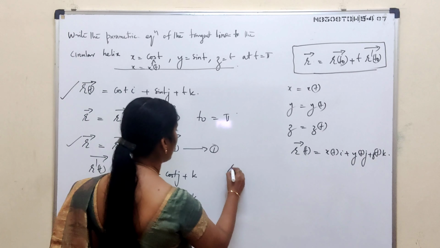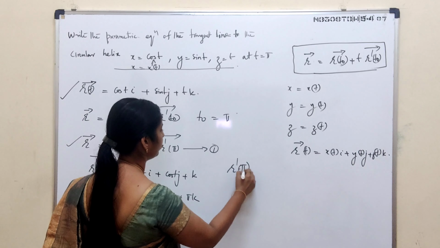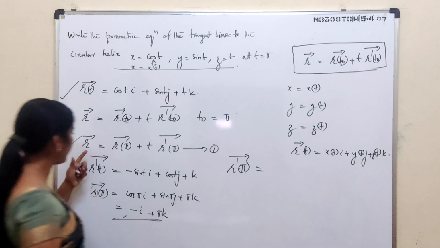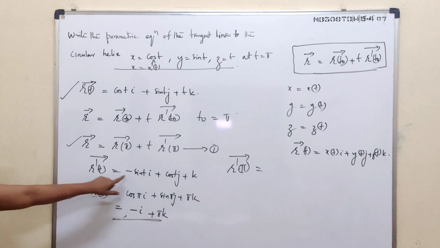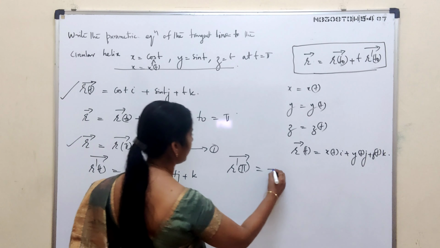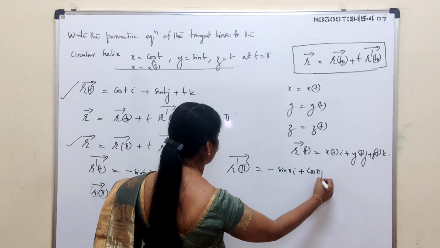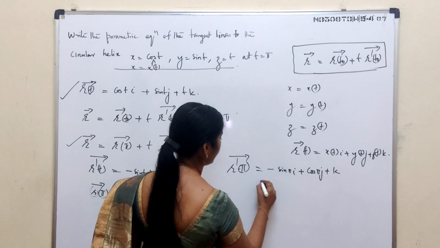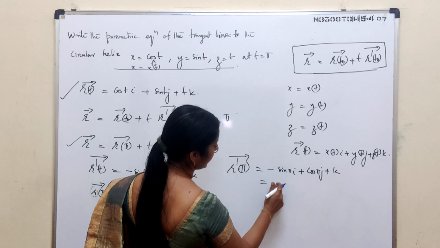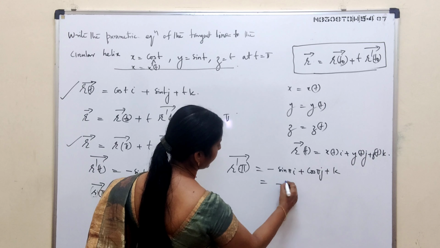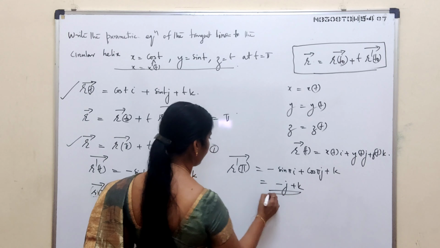Next, r dash pi. R dash pi, you put in this equation, it is minus sin pi i plus cos pi j plus k. That is 0, it is minus j plus k.